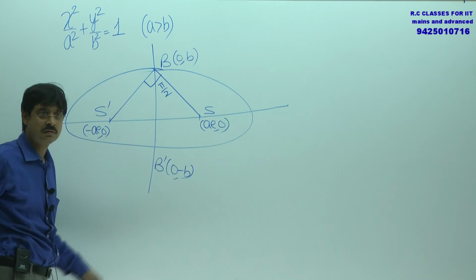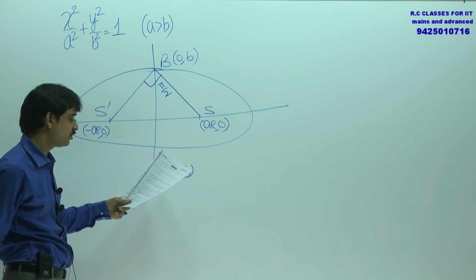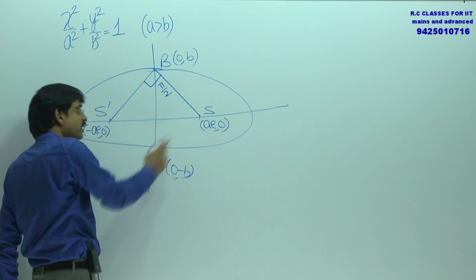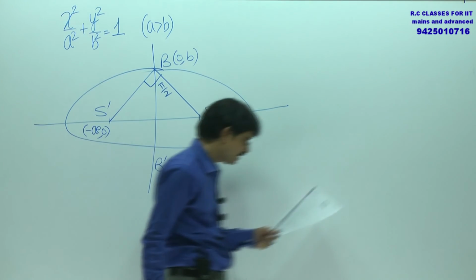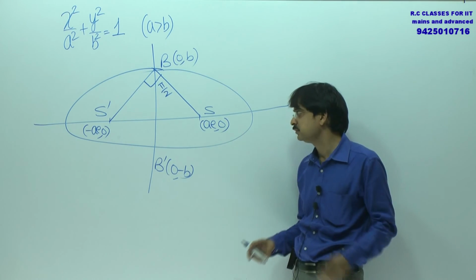This is the end of the minor axis. You can use the second one also. You have to find out the eccentricity of that curve.